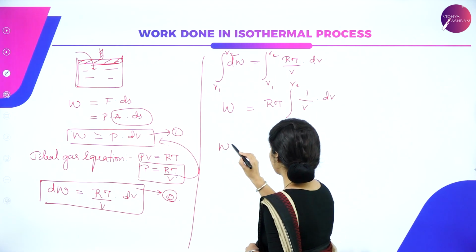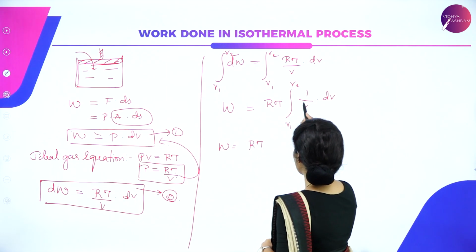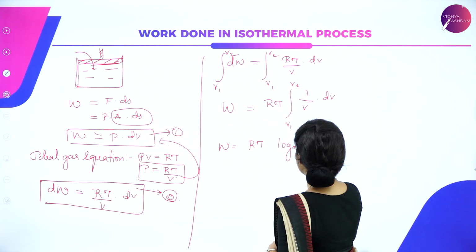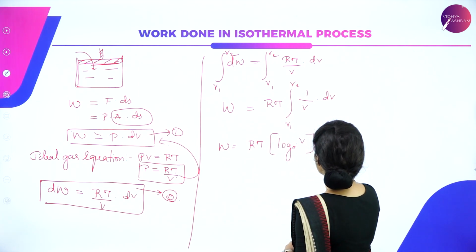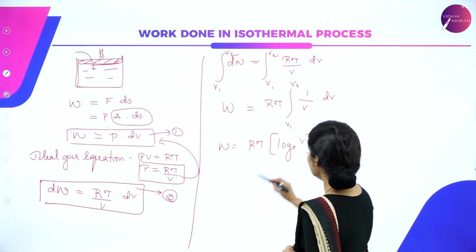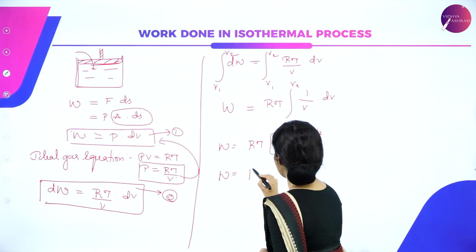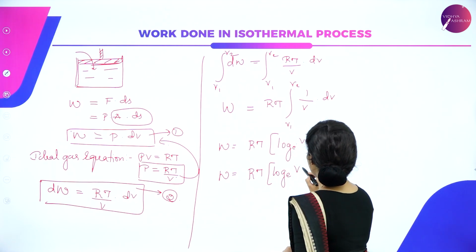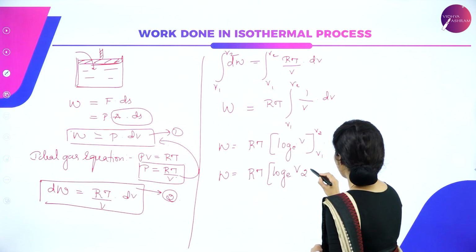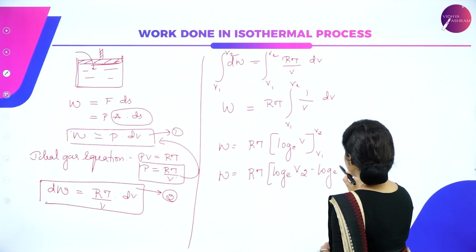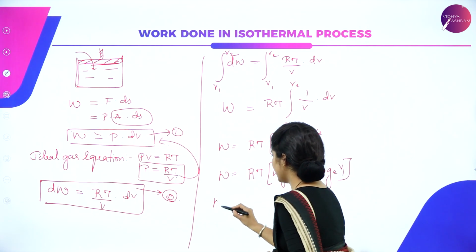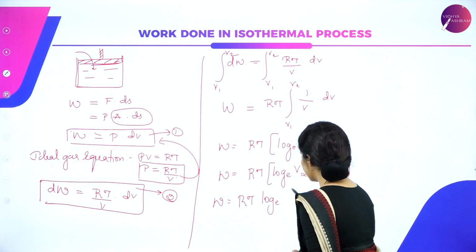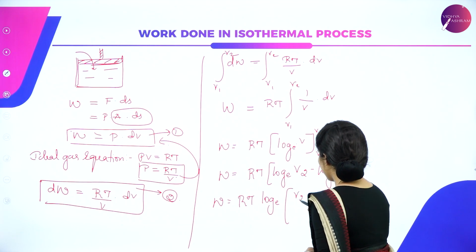So W is equal to RT, and the integral of 1 by V can be written as log to the base e of V. In order to substitute the limits, we write it along with the brackets. So W is equal to RT times log to the base e V2 minus log to the base e V1. We can even take this as W is equal to RT log to the base e of V2 divided by V1.